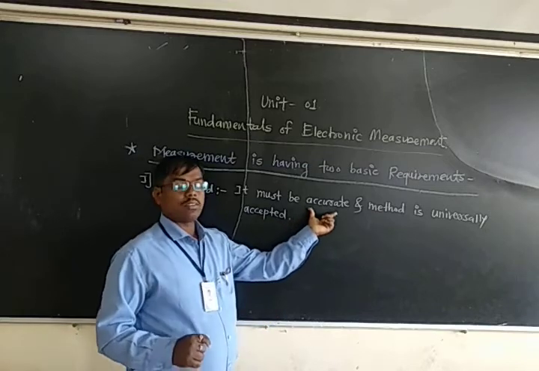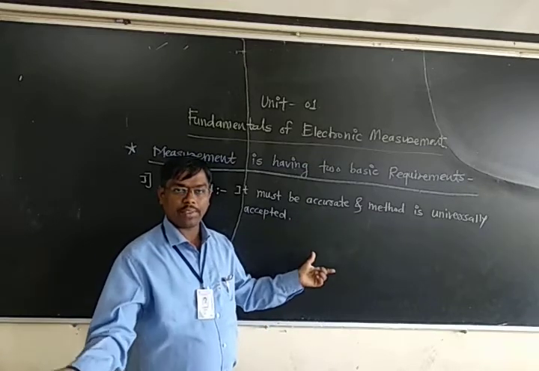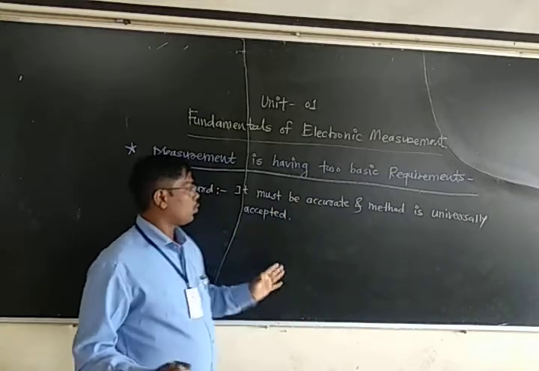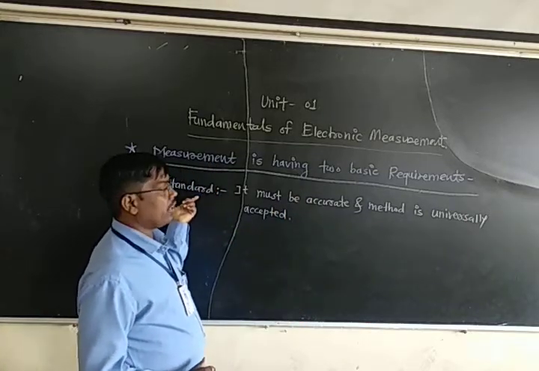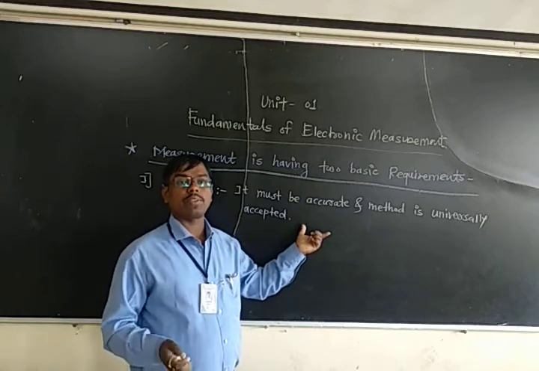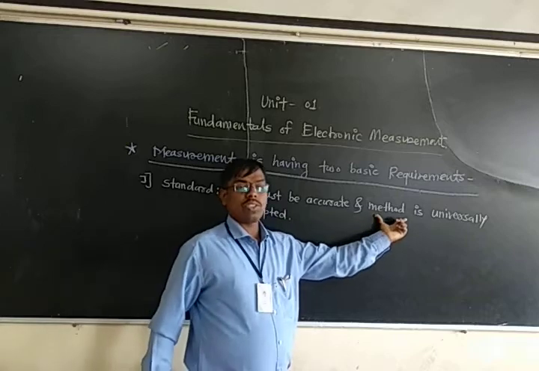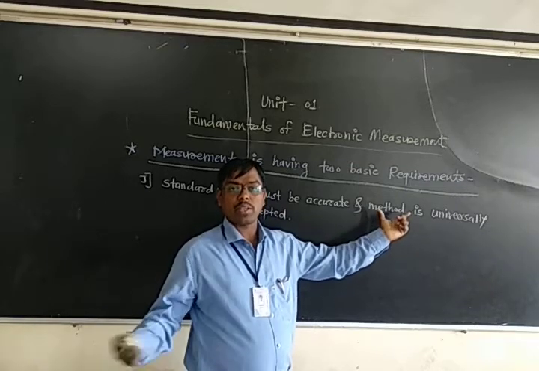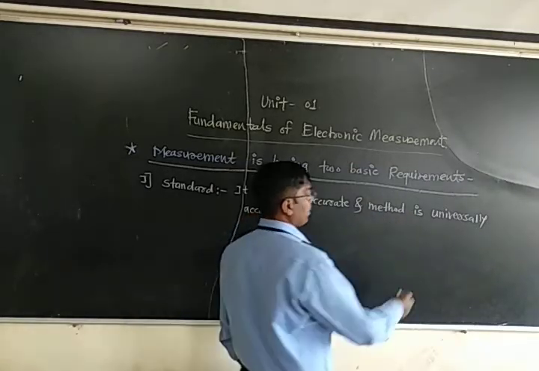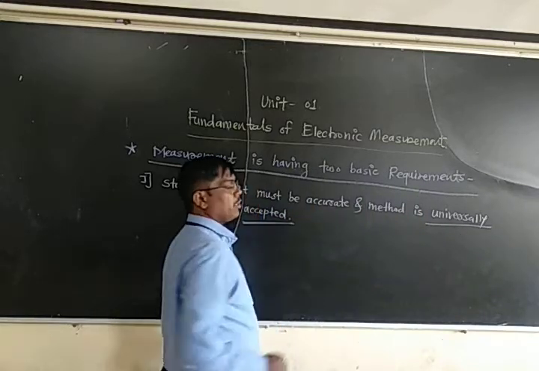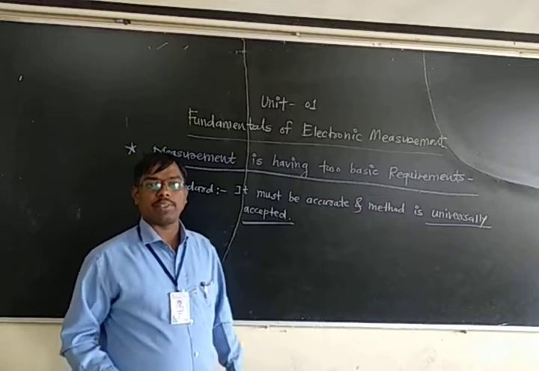If the standard is inaccurate, the unknown quantity simply becomes inaccurate. So the standard used for the measurement purpose must be accurate, and the method used in measurement must be universally accepted.